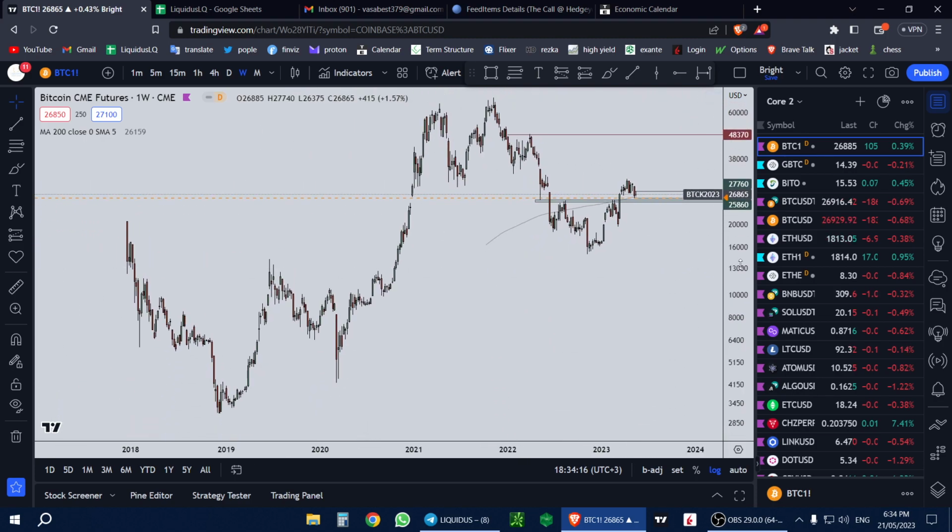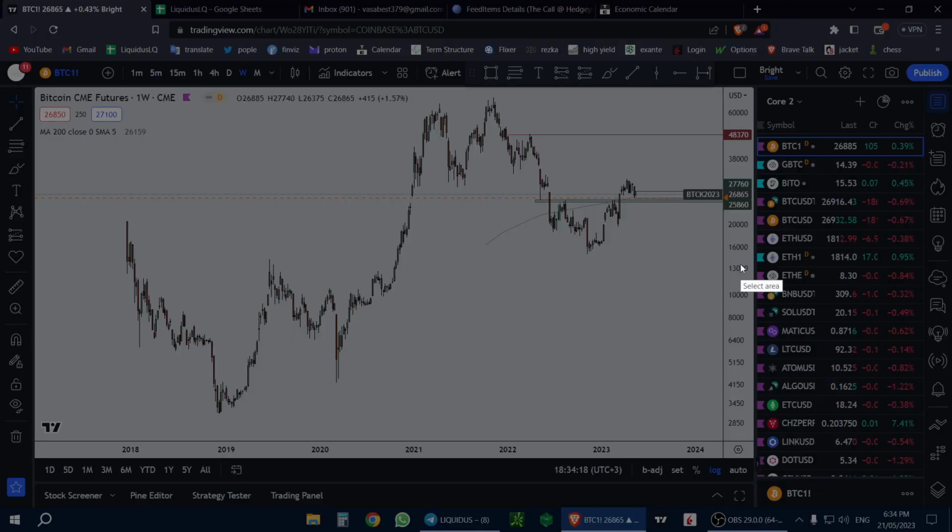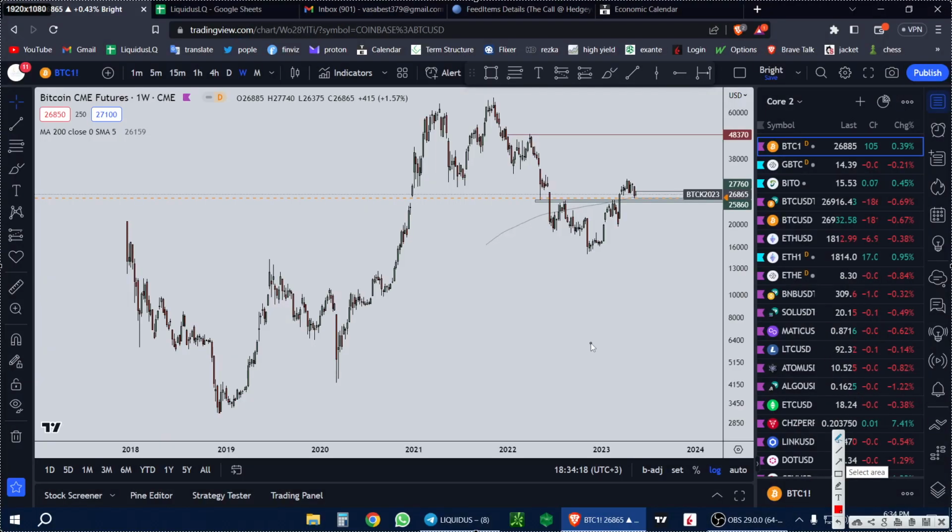Just looking fractally and comparing this cycle with the previous cycle, just by time itself, we've already created this major flush to the downside. This was the credit event for crypto, FTX. I think if nothing really bad happens in that crypto universe, we have already printed the major tail high low for this cycle, meaning we're never going to retest this low, and we are somewhere around this area.